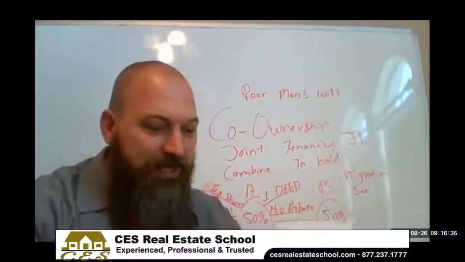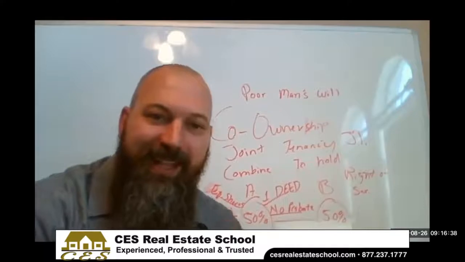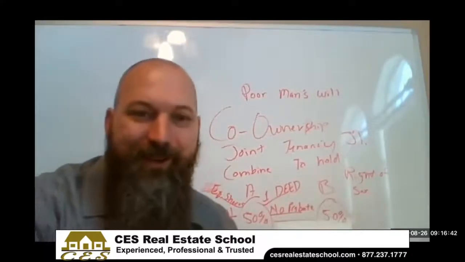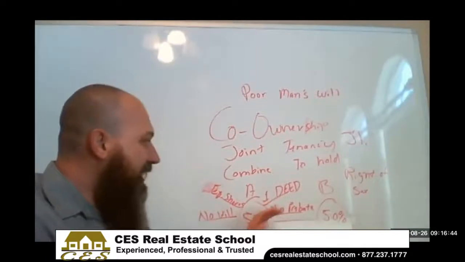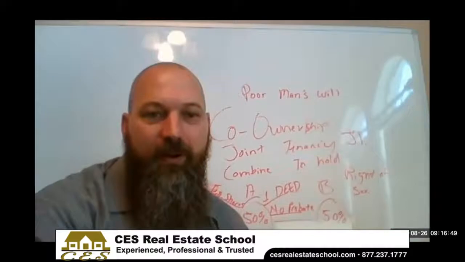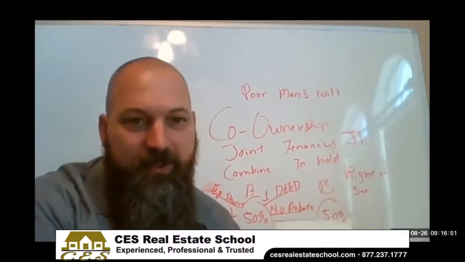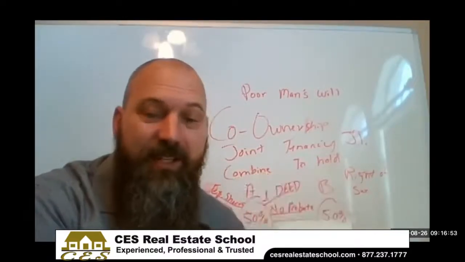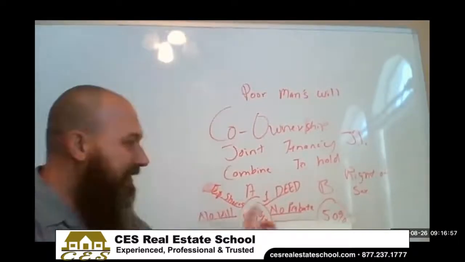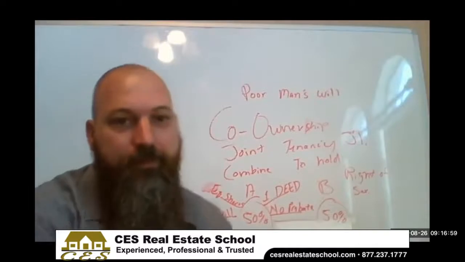So it's basically a poor man's will because with joint tenancy there's no probate, so there's no expensive probate, correct? So once A dies, B gets it all, and it just transfers right over. Basically, you have to sign an affidavit and obviously show a death certificate and so forth, but it's nothing to do with having to spend money on an attorney and go through court systems and everything else. It's already got a place to go.